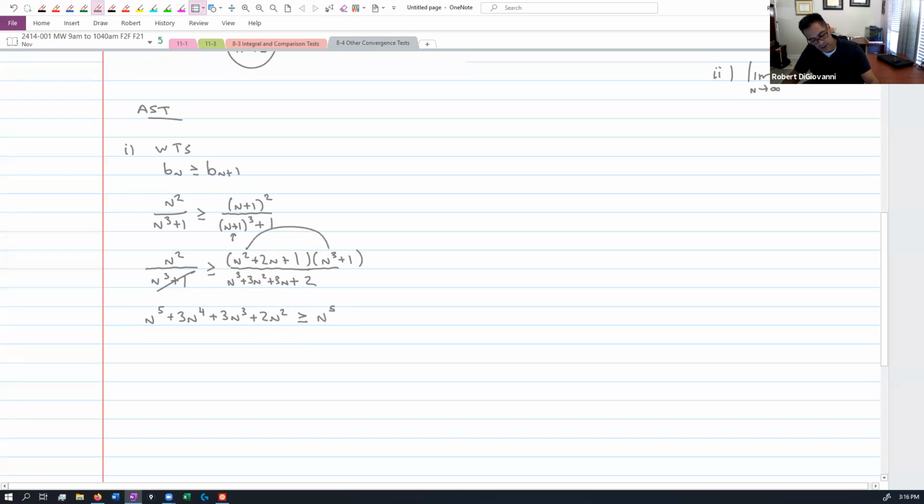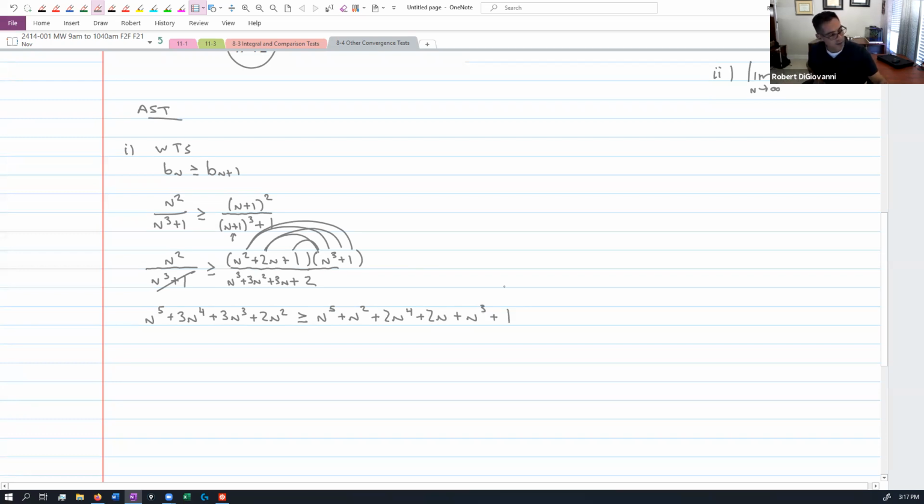So I did here to here, and I'll do here to here, so plus n². And then here to here, so plus 2n^4, and then plus 2n, and then plus n³, and plus 1.